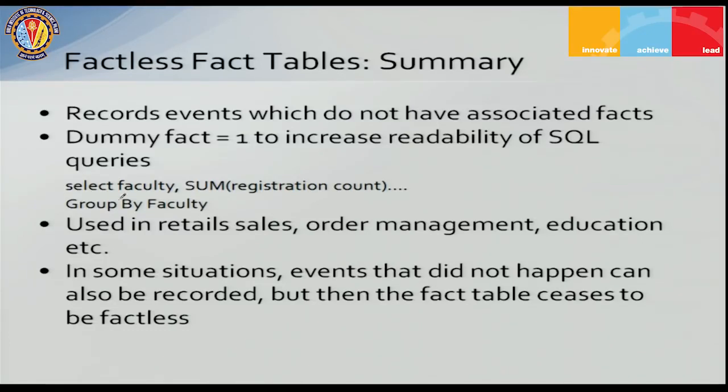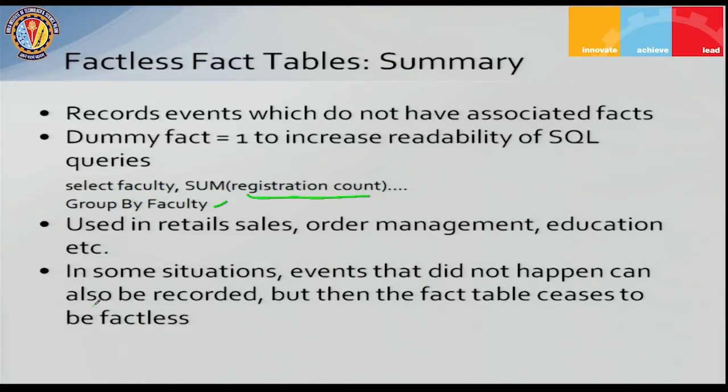Suppose I want to select faculty and sum registration count and group by faculty. If I did not have this registration count equal to 1, this query would have looked very odd. And it is used in retail sales, order management and education, etc.